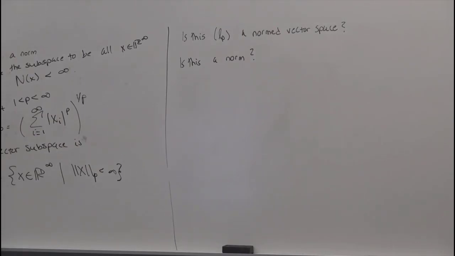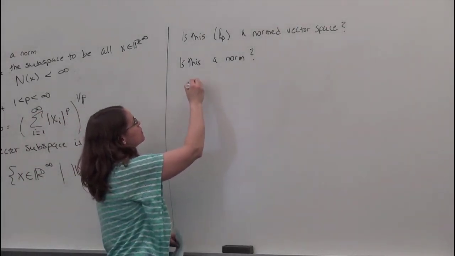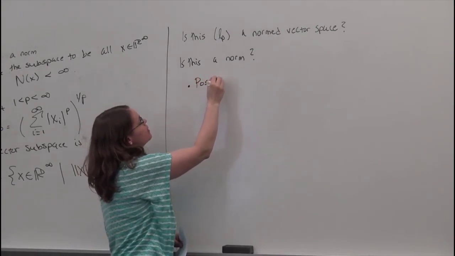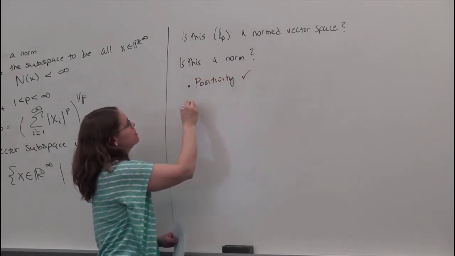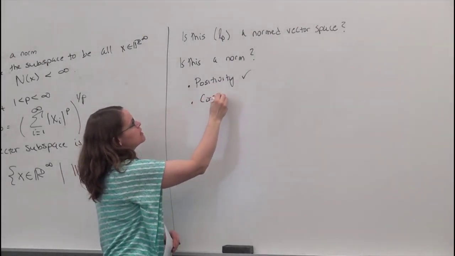Most of the properties, positivity, no big deal. That's going to be preserved in the limit. Being able to pull out constant factors is also going to be preserved in the limit. Okay, so positivity, I'm just going to say is a check. Constant scaling is a check.